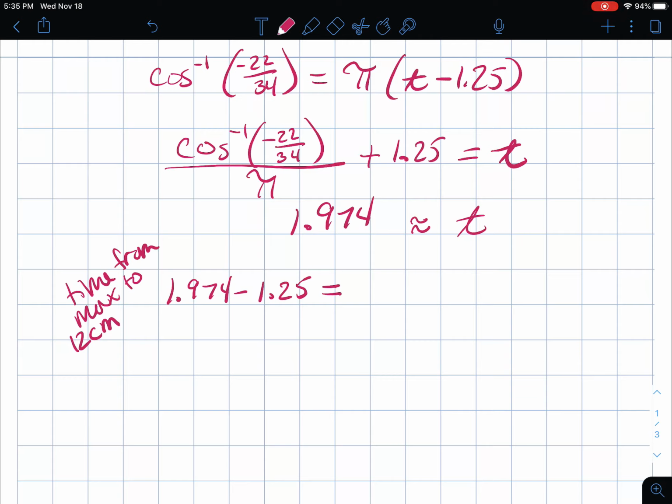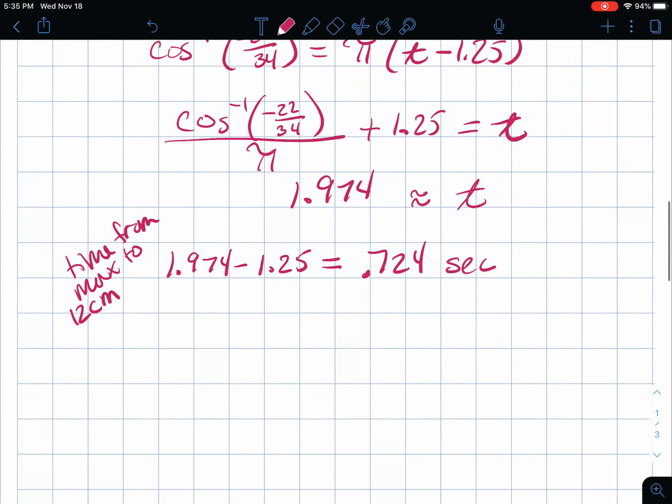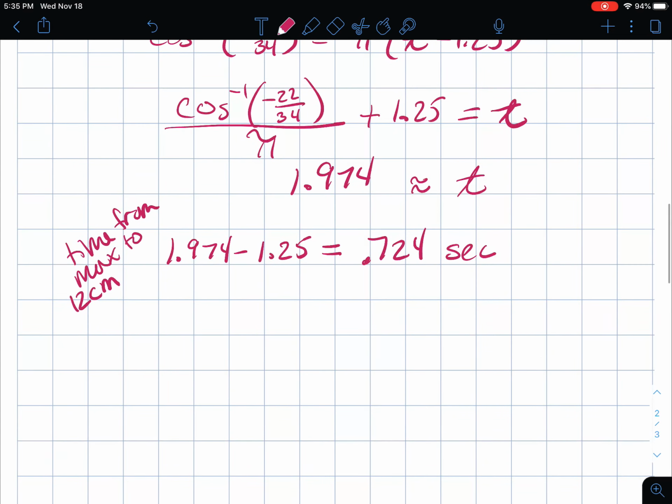So when we go ahead and subtract this, we get 0.724 seconds. So what I would like to do is go in reverse, and subtract 0.724 from the max to go to the left. Okay, so this is the second time the gum is at 12 centimeters.